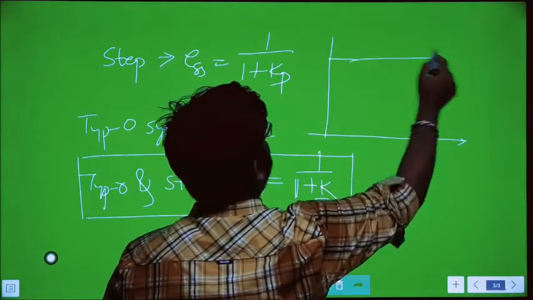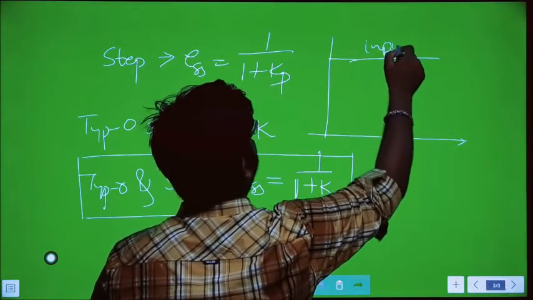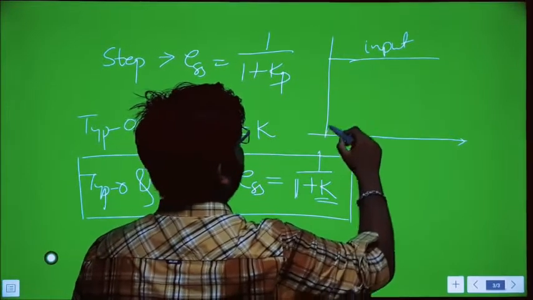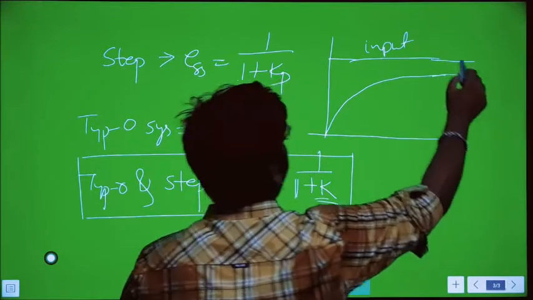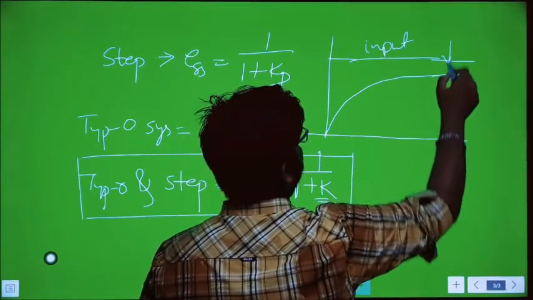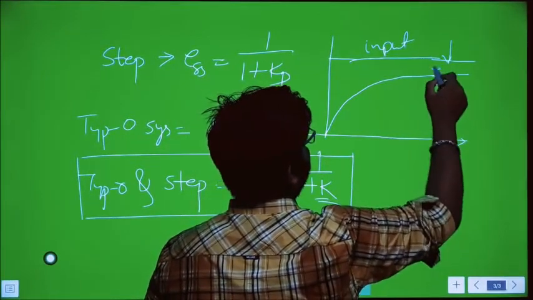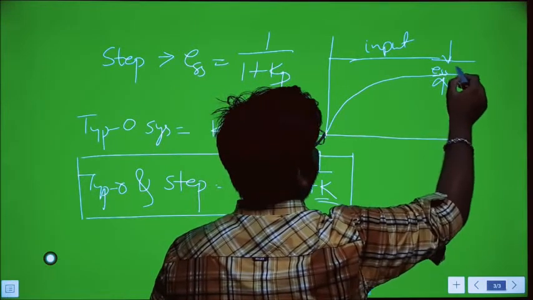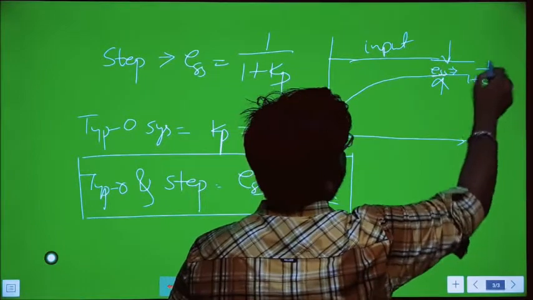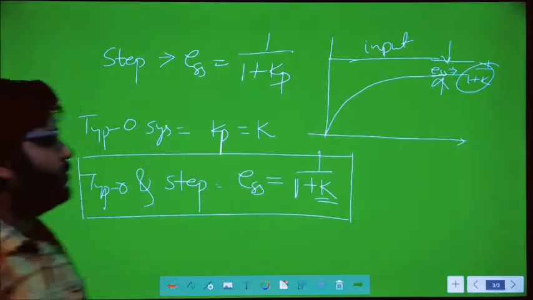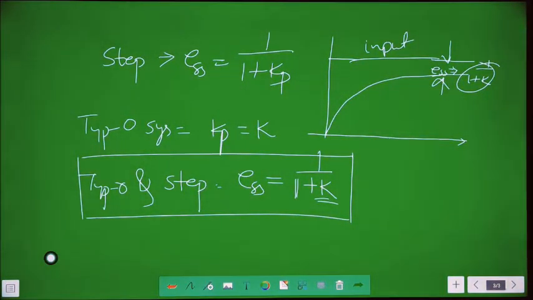I repeat, this is my input line, then my output will come back like this, and after a time interval of infinite, this will be my steady state error ESS, which is nothing but 1 by 1 plus K. Clear? So this is a graph with respect to a type 0 system and step input. Clear?